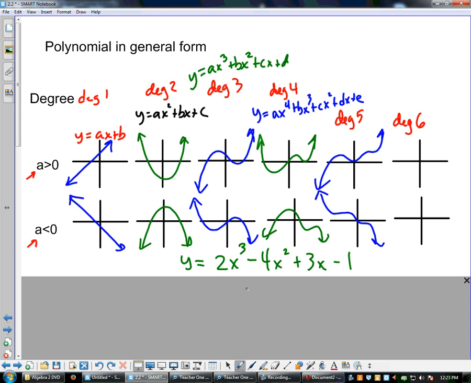All right. Degree 6, we're back to the same start high, end high, but it might have an extra squiggle in it, like this. And for degree 6 with leading coefficient negative, it's going to start low, end low, but has the potential for having this many squiggles.